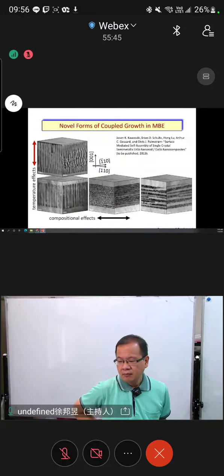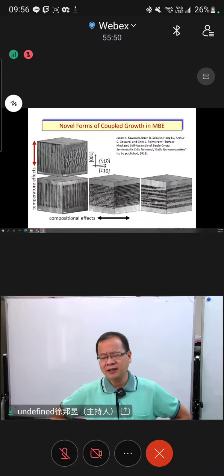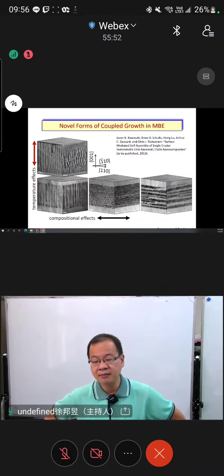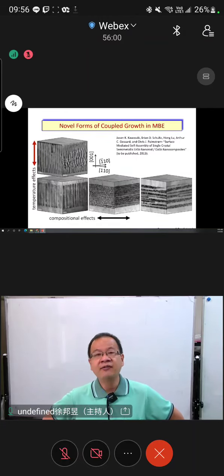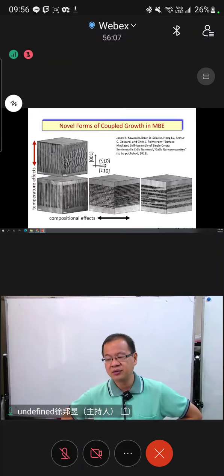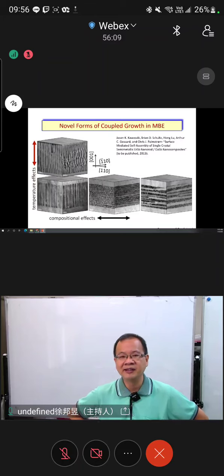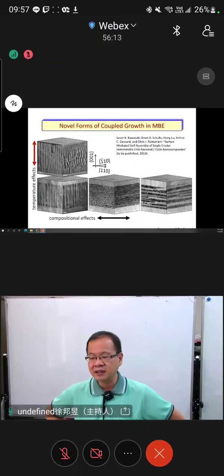Okay, and I remember our professors are not working on MBE, but this is what my professor taught in the class. Yeah, because my department in the US has a lot of professors working on MBE. So my kinetics professor needed to teach what kind of mechanism controls MBE, the molecular beam epitaxy.